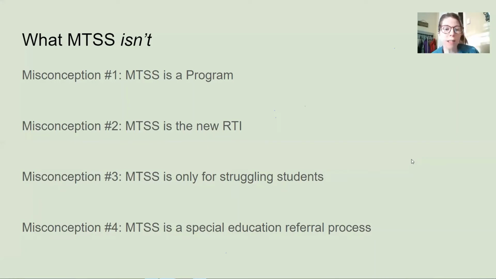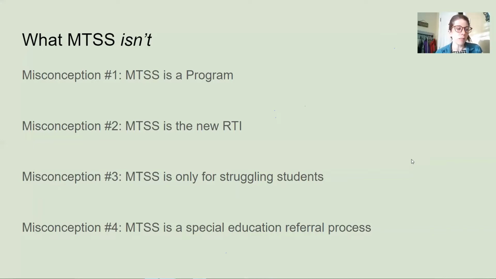Second misconception is that MTSS is the new RTI. Oh God, it's like a gut punch when I hear that. People are like, I'm trying to start a new RTI and I thought MTSS could help me. Well, yes, MTSS can help you, but if you want to do an RTI, that's going to be a whole different question. RTI has been around for almost 40 years, 35 or 40 years of some form of RTI.